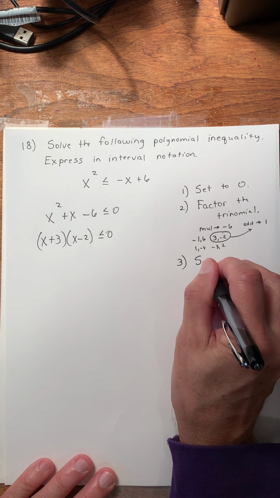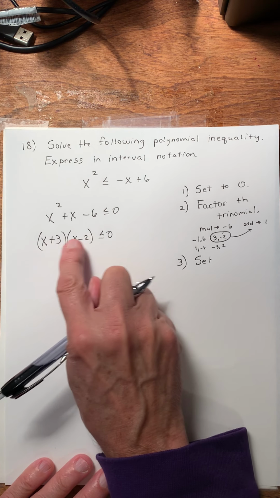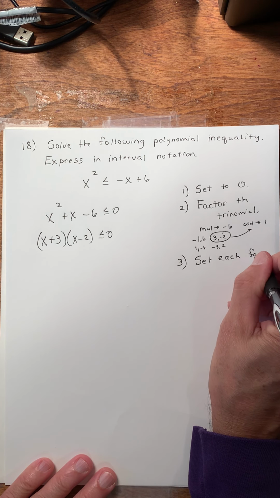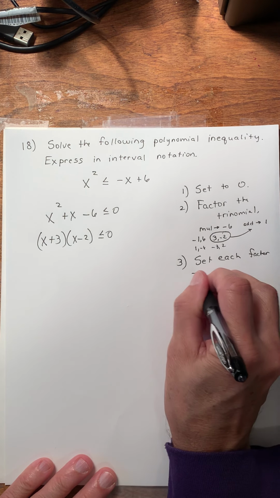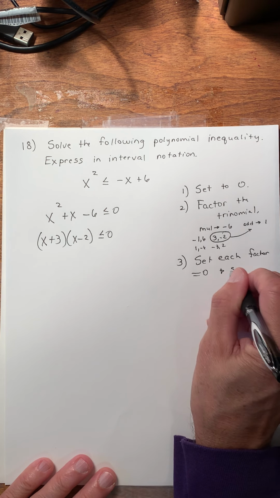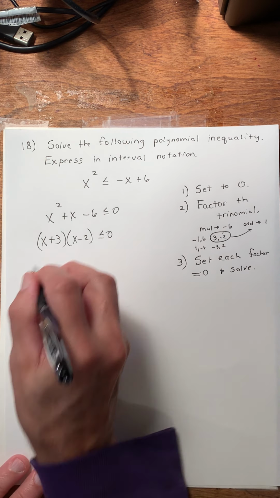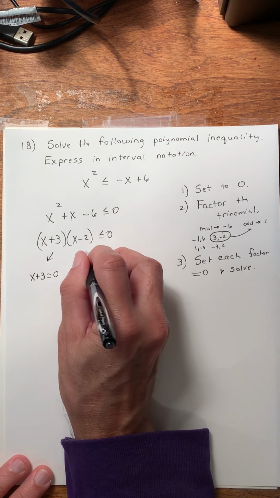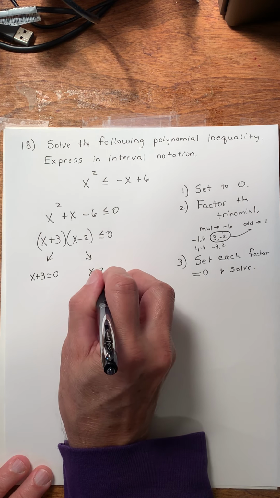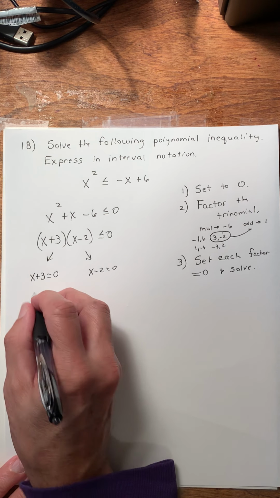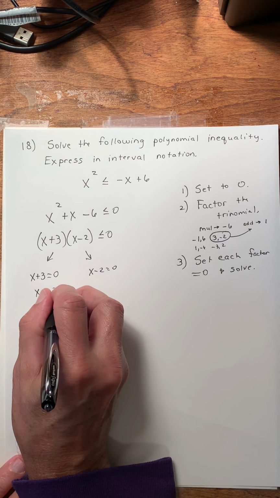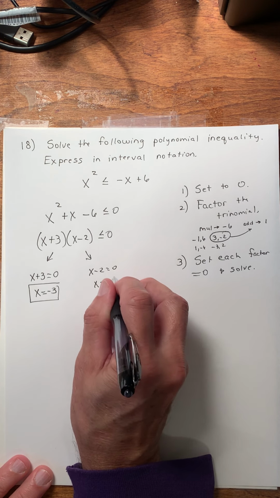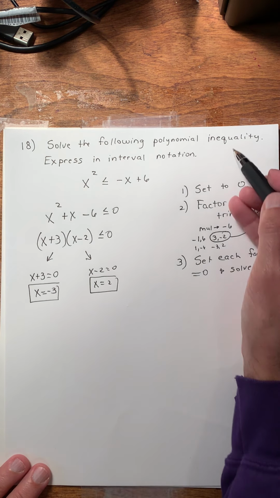Number 3. Set each factor equal to 0 and solve. That's not going to be hard. Subtract 3 from both sides, x is -3. Add 2 to both sides, x is 2. Here's where the inequality part comes in.